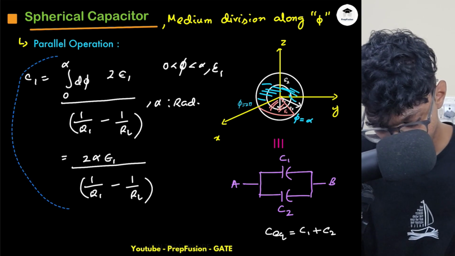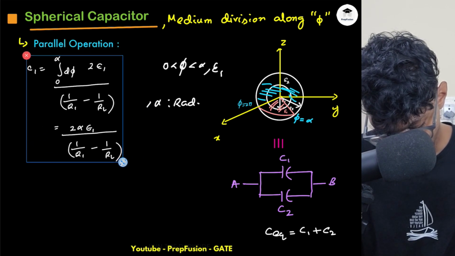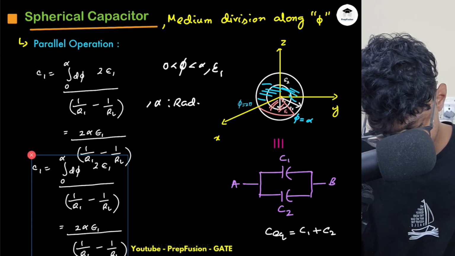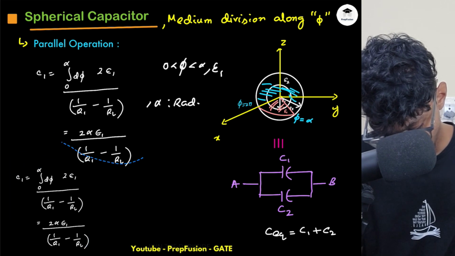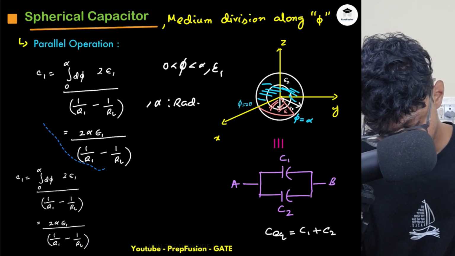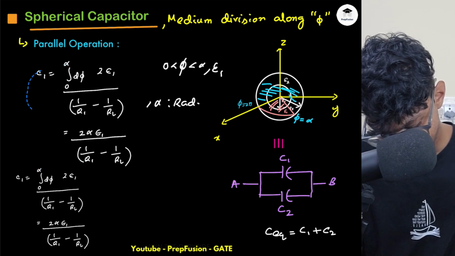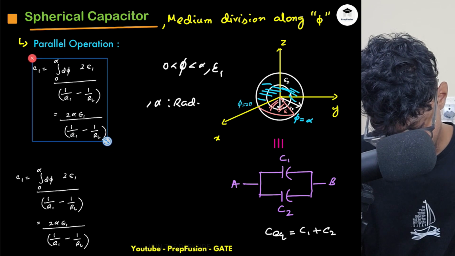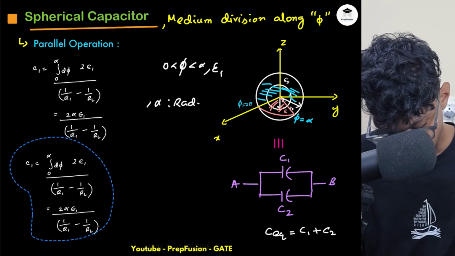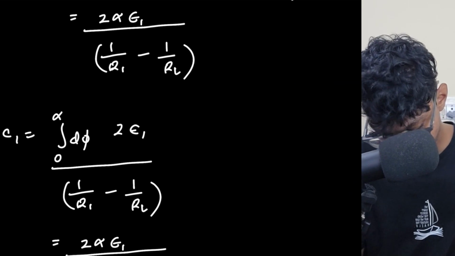You have to remember this. C1 will be this. What about C2? C2 will be the same. I will reduce the size a bit more. What will be the difference?